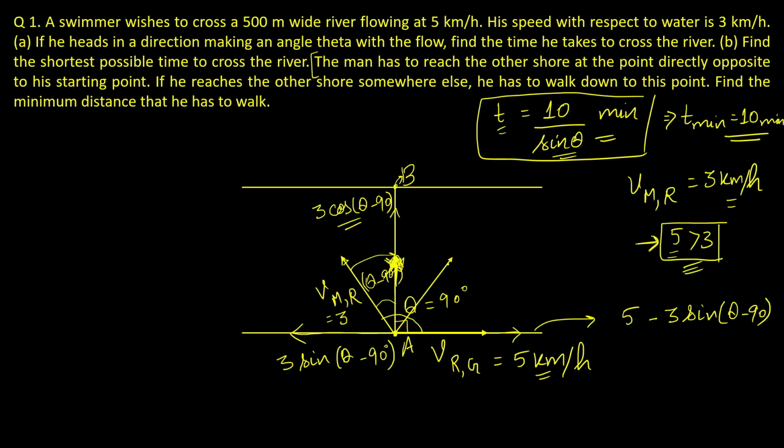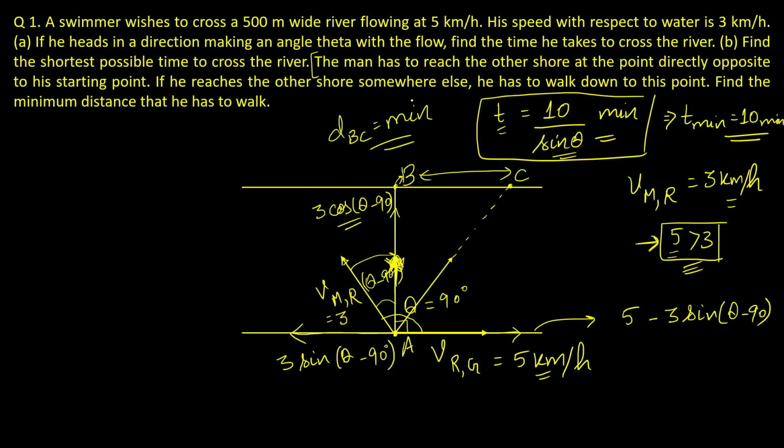What is possible is that at its best, suppose this swimmer will be able to go to some point over here, say this point C, so that this distance BC will be minimum. That is the best possible scenario in this situation, where 5 is greater than 3, or velocity of current is greater than the velocity of man with respect to river. And that's what the question is.